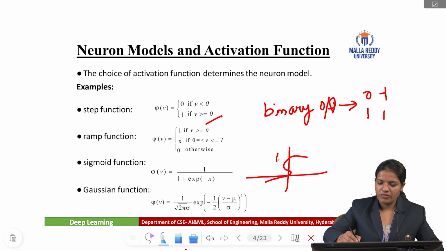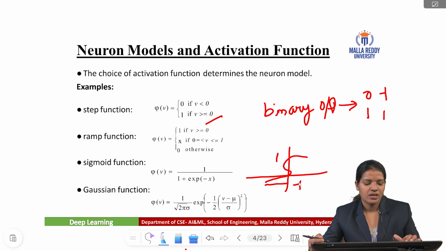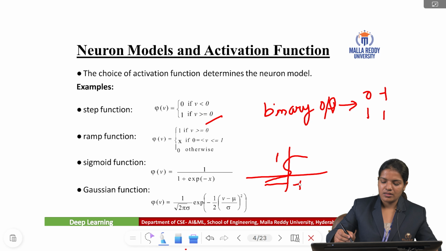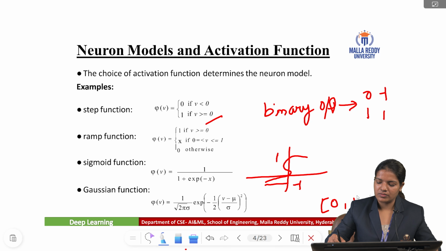It could be 1 and -1, or from 0 to 1. Next is the Gaussian function, which is based on radial basis functions, and it selects only the positive output. So the range will lie between 0 and 1.